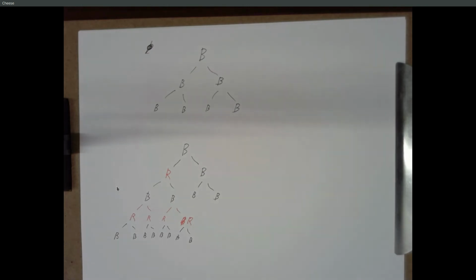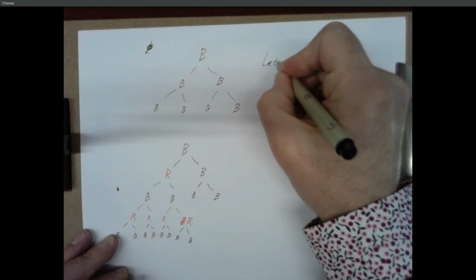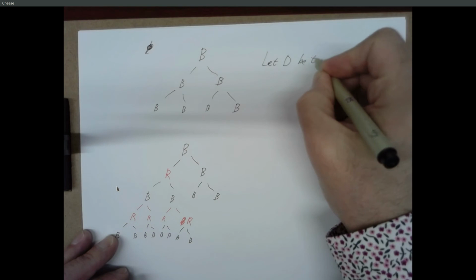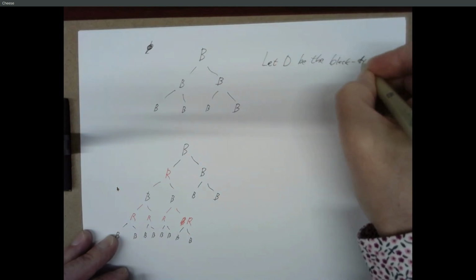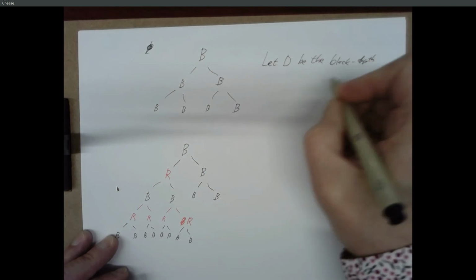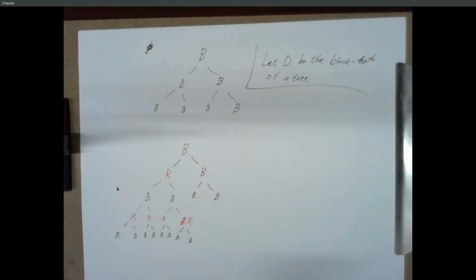So a question is, how bad can this look and still be a valid red-black tree? So suppose D be the black depth. So we have a tree and every leaf node has to have D black nodes from the root down to that node.